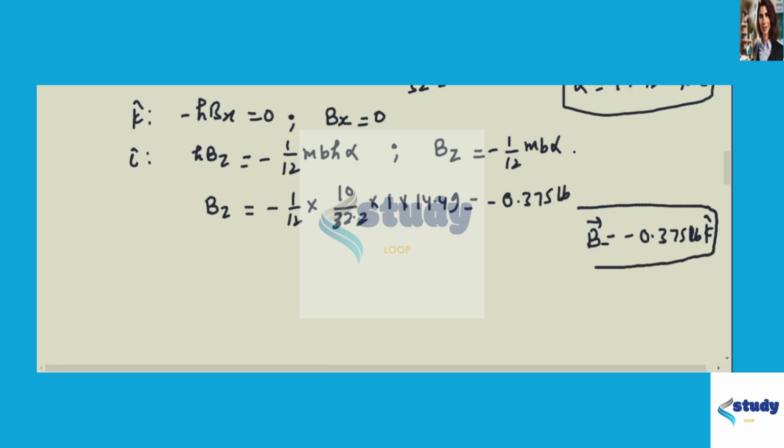Now we have to calculate dynamic reaction at A. Now we should apply summation of F equal to mass into acceleration.